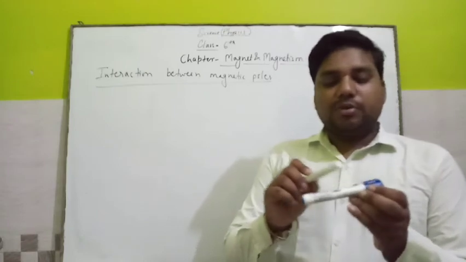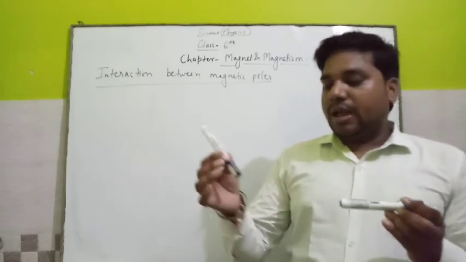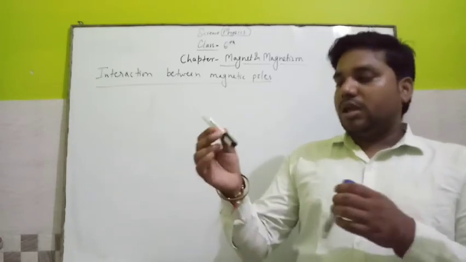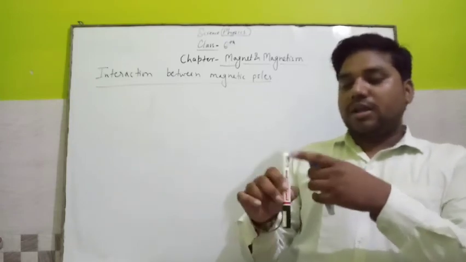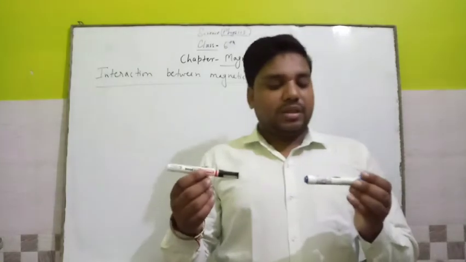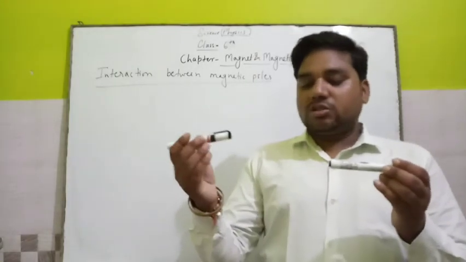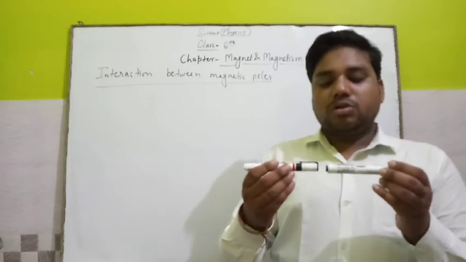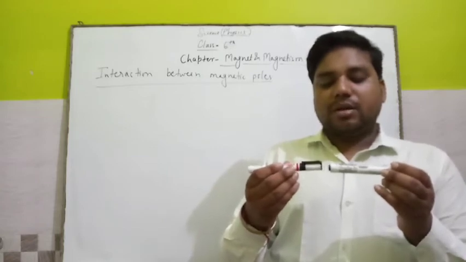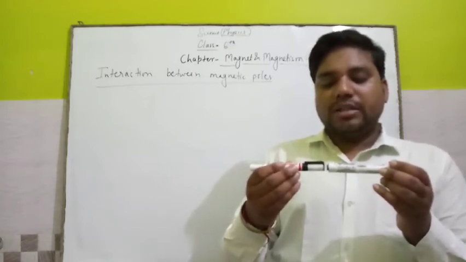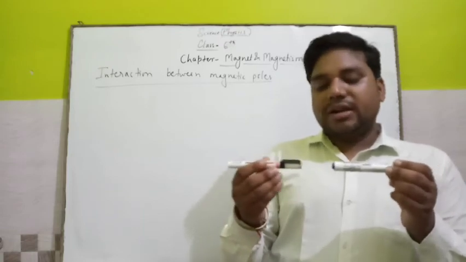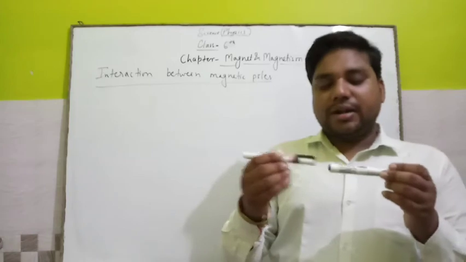This is the north pole, this is the south pole, and this is another magnet, also with north and south. When this north comes to the south pole of the other, this south pole and this north pole attract each other and the magnets stick together like this.